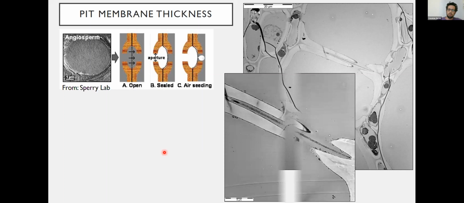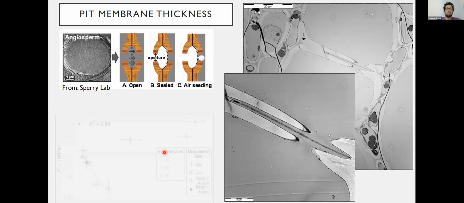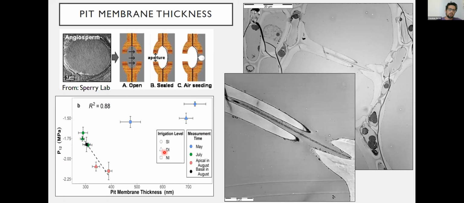This is our plants, this is how it looks. We found that pit membrane thickness is also dynamic and changes along the season. When we correlate the P12 to pit membrane thickness, we get a nice correlation.